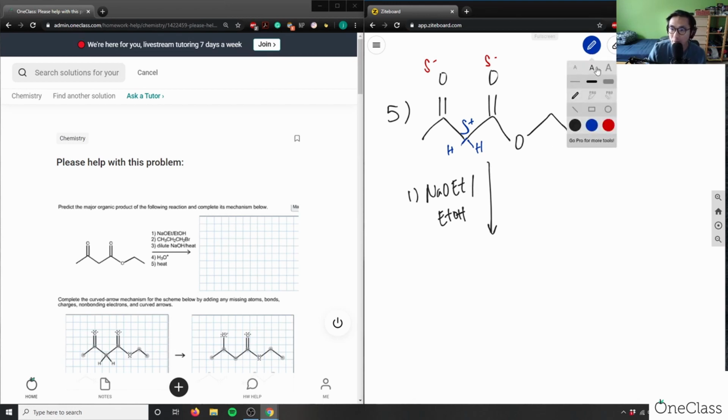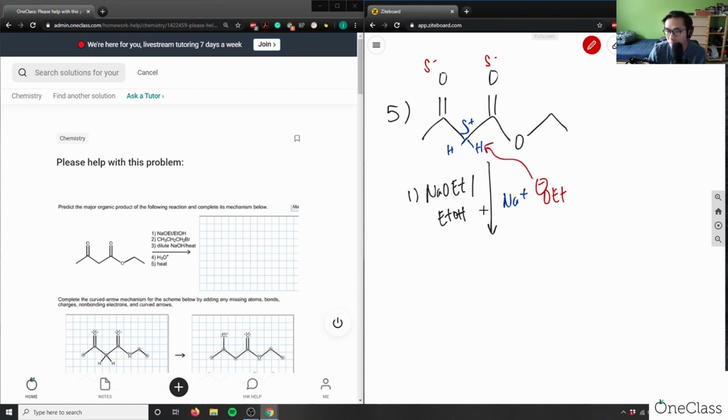So how I would do that: this breaks down into Na plus, let me do this in colors, this is Na plus, and this is the anion OEt minus. What it's going to do is deprotonate this here.